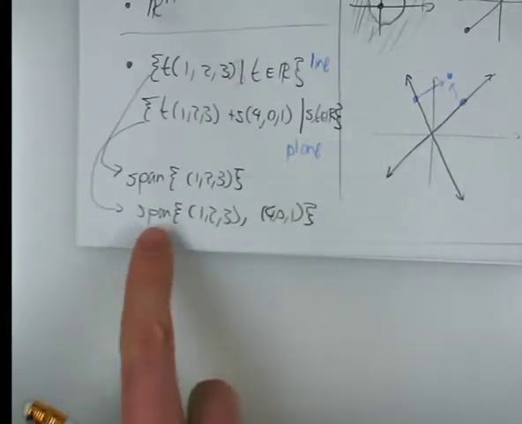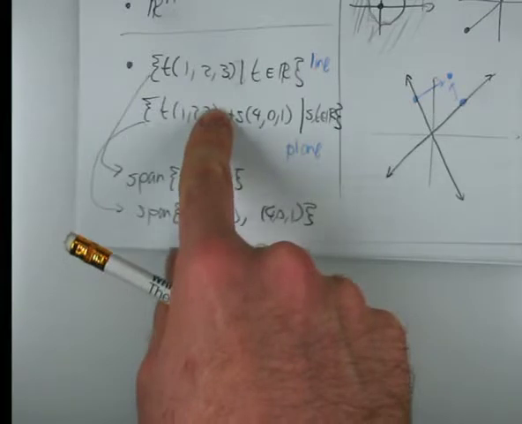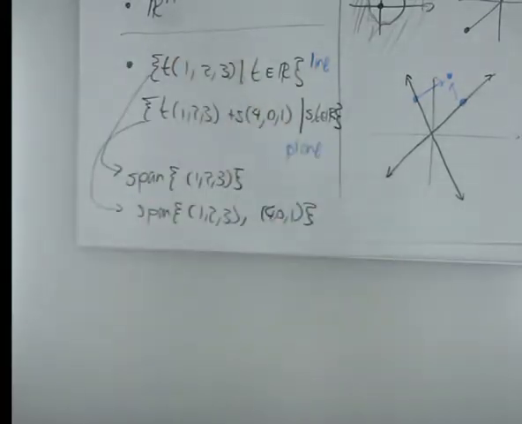This word span is shorthand for this. Okay, it's just a quick way of writing what's here. That's all span means. Okay, so I will talk about span properly in just a minute.